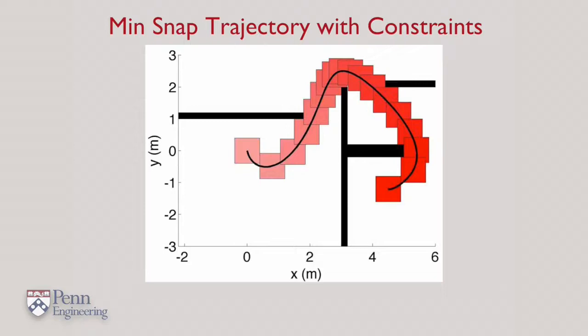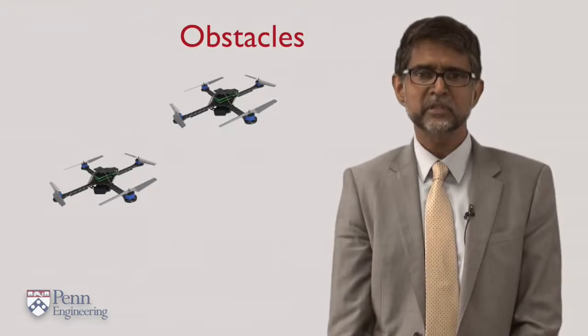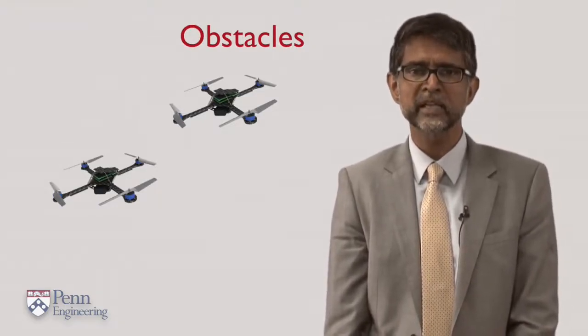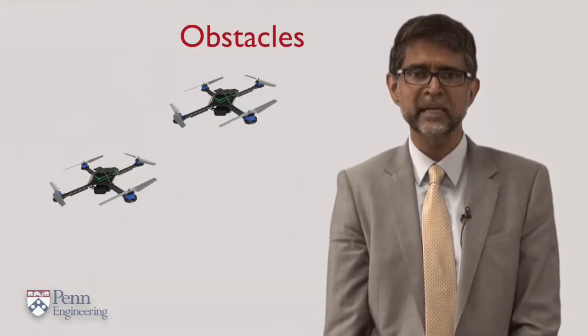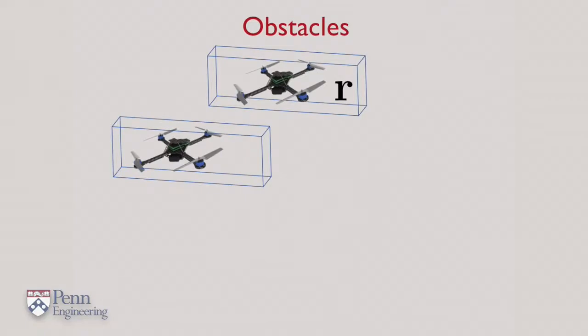Here's a simple approach to think about these problems. Imagine you have obstacles, and in this case I'm going to assume there's more than one quadrotor flying through the obstacle-filled environment at the same time. We're going to box off these quadrotors inside virtual rectangular parallelepipeds.